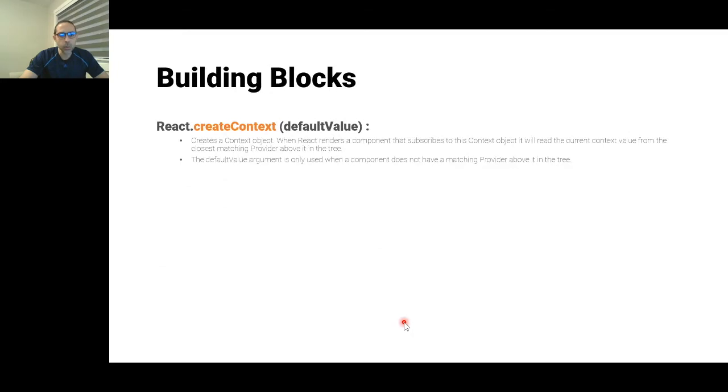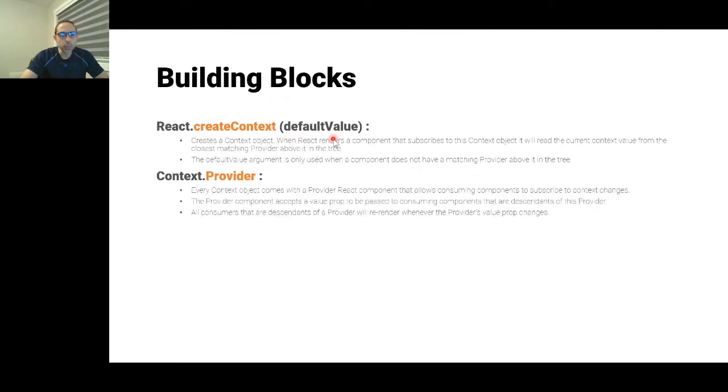As we will see, the context has a provider. In case the provider is not passing a value, then the default value given when creating the context object is what gets passed to the consumers. The provider is basically your way to give access to those components that would like to consume the context and subscribe to it.